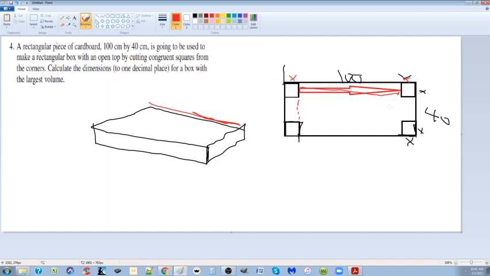These flaps are getting folded up. That means that length is 100 minus 1x minus another x, or 100 minus 2x. Same with this one. If this whole length is 40, the question becomes, what is the length here? Well, it's going to be 40 minus 2x, the two flaps you come up with.